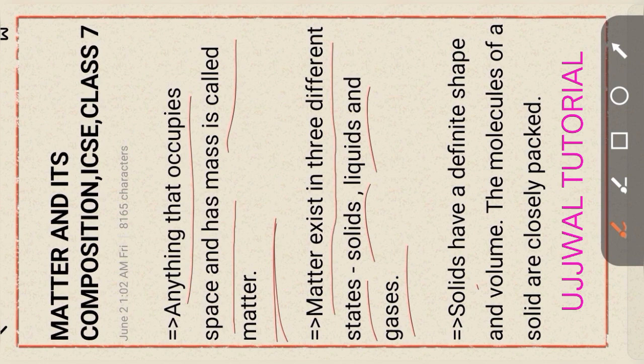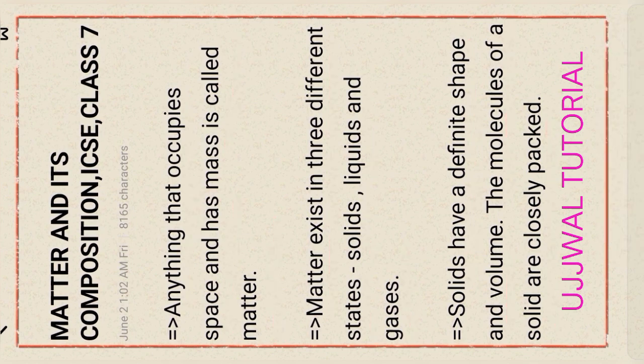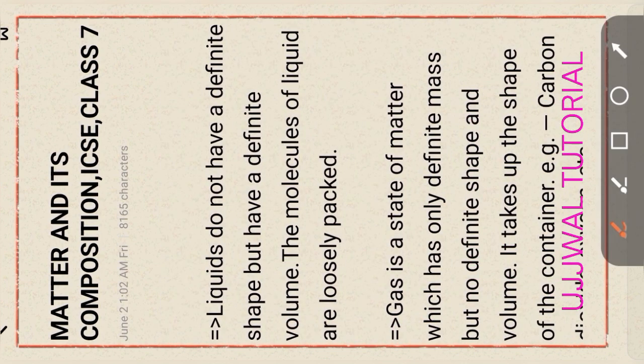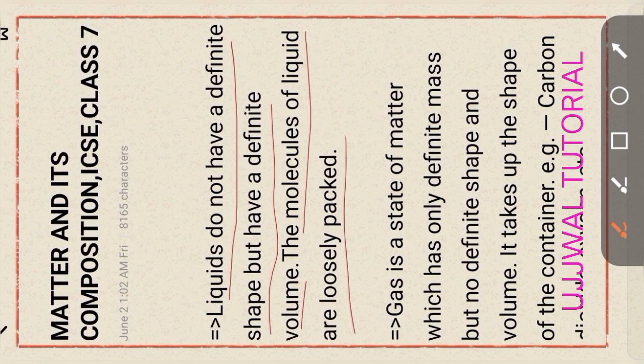Solids have a definite shape and volume. The molecules of a solid are close packed. Liquids do not have a definite shape but have a definite volume. The molecules of a liquid are loosely packed.